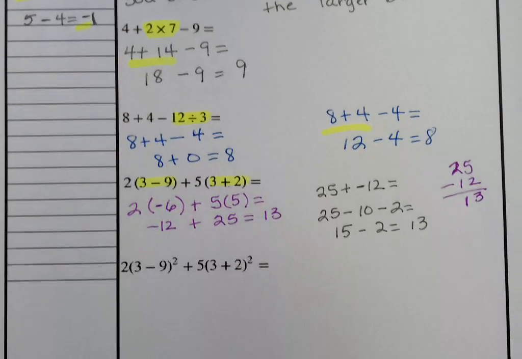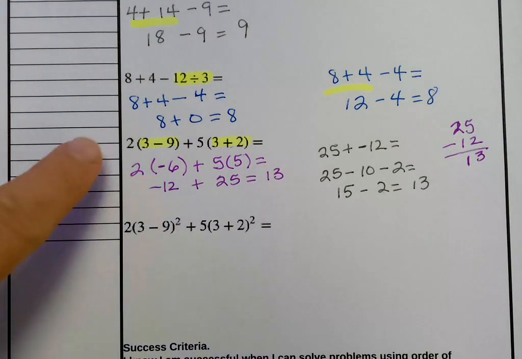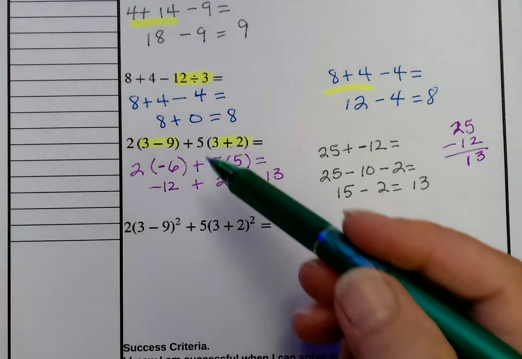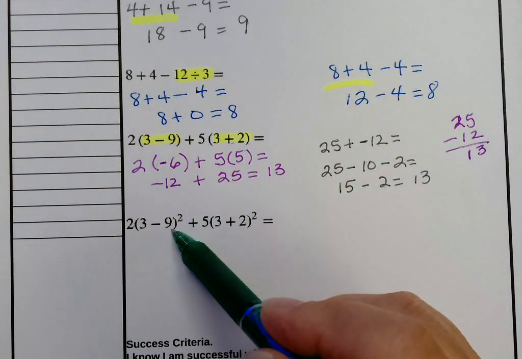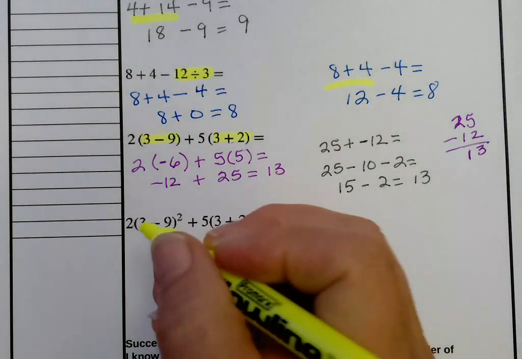Okay, so for the last problem, what do you notice about the last two problems? Yeah, if you said they look alike except for the exponents, you would be correct. So I did that on purpose so we did not have to do what was in parentheses. But the first thing we do to start off is your parentheses.